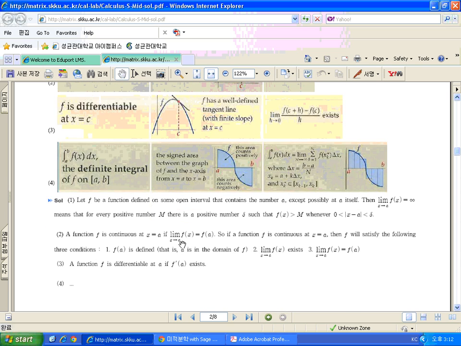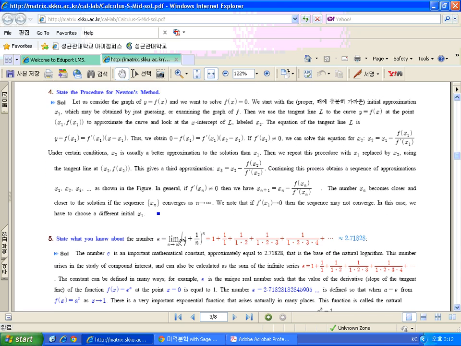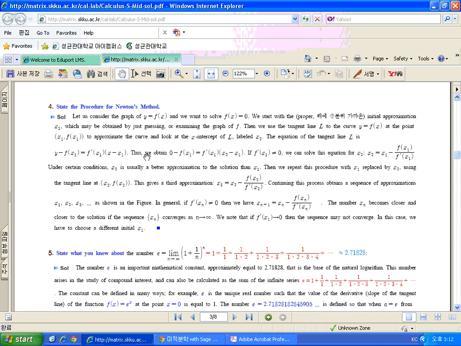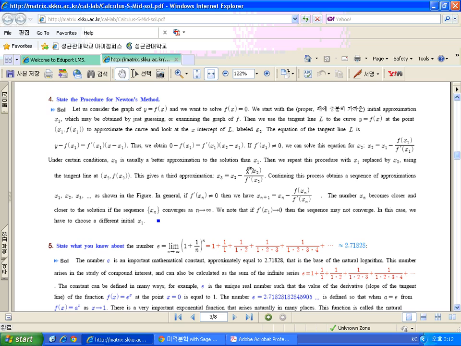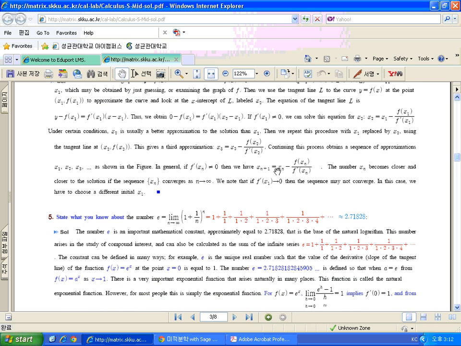And most of you did okay on that too. And next was Newton's method. You should know this, and you know how to manipulate this process by the Sage applet, Sage cells that I have made.